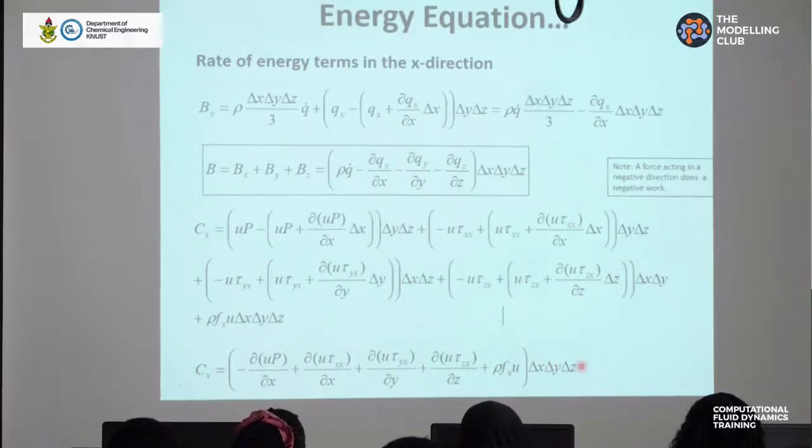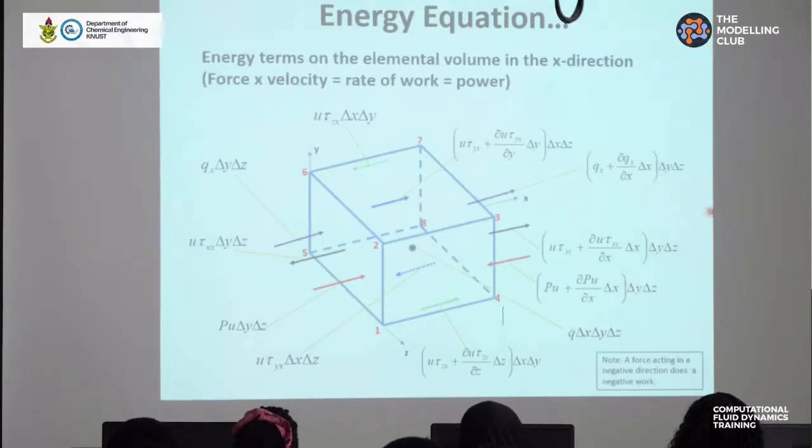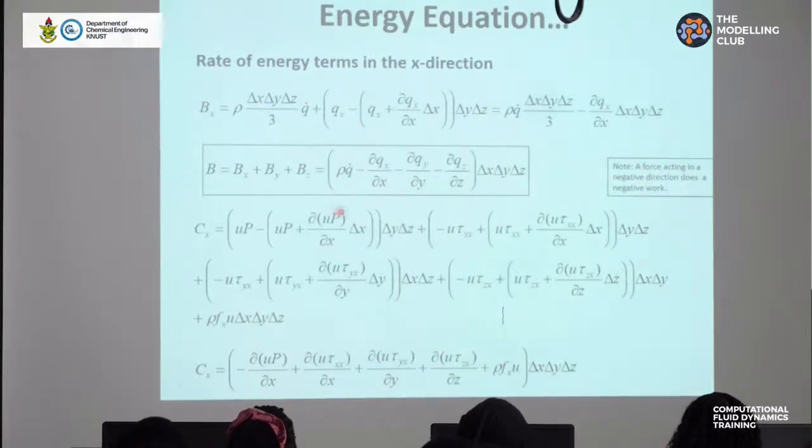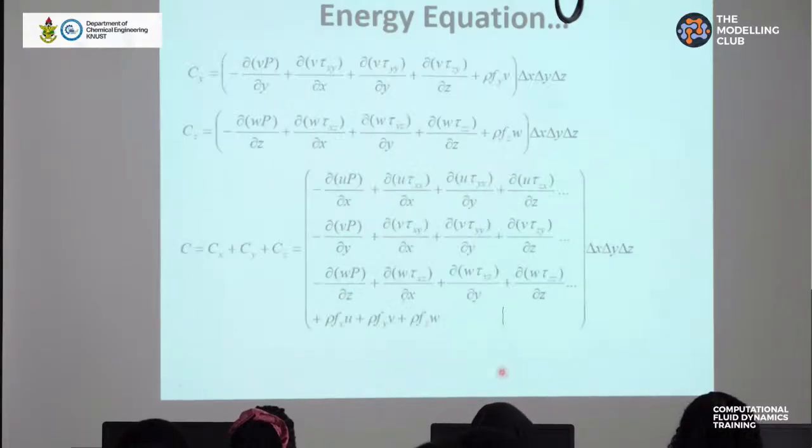This is nothing but taking the sum of all these energies and putting them into each of these equations, B and C, to result in that. We do the same for the y direction and also for the z direction. And then if you add all the three equations together, you end up with this big equation.